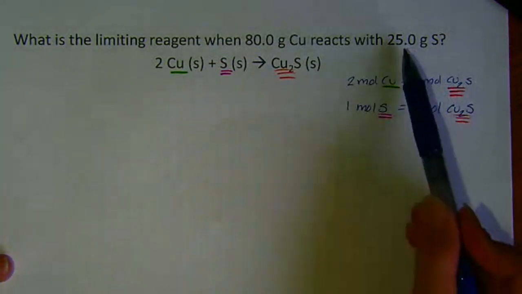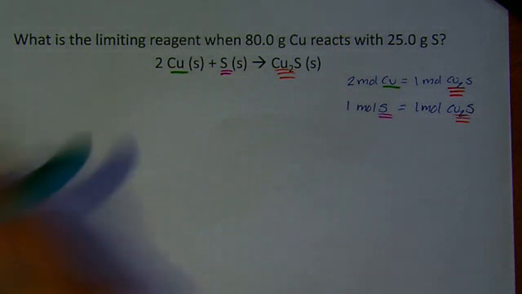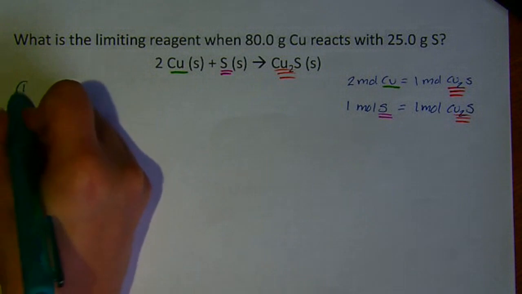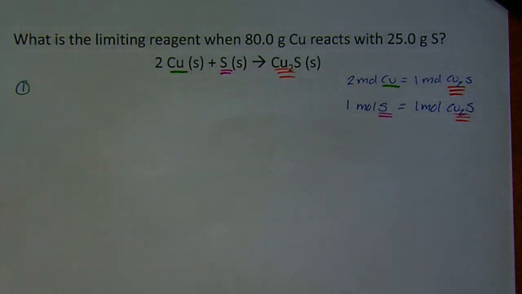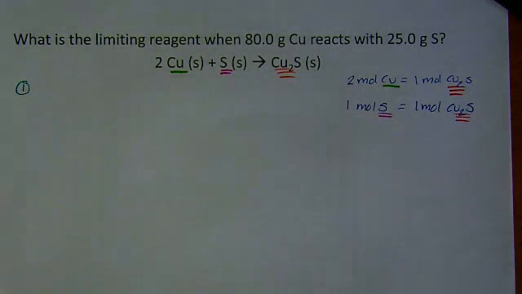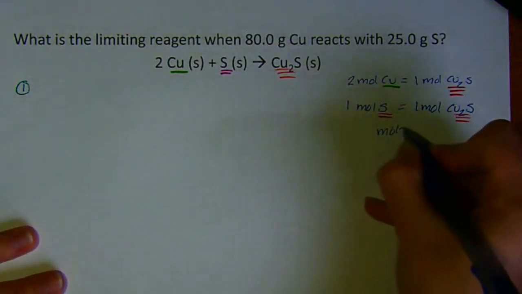We are given quantities in grams. So let's first use our molar masses to convert our grams into moles. Let's make a list of molar masses off to the side here.